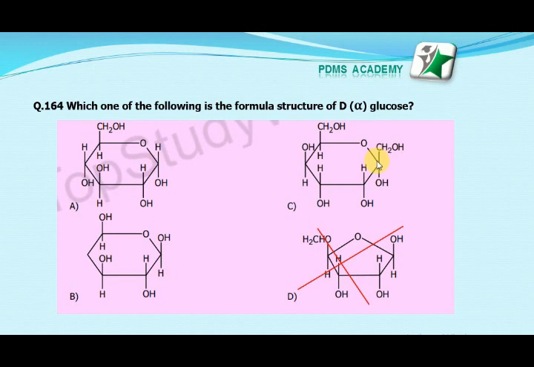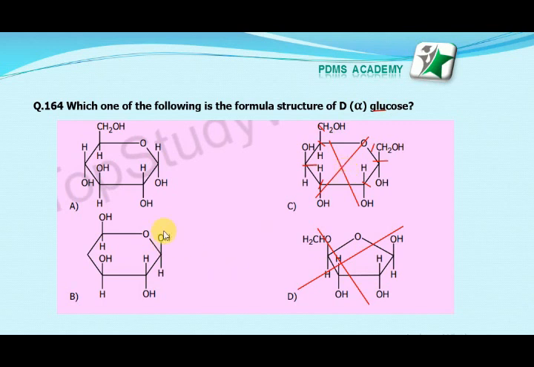Option C contains 7 carbons. Let's count: 1, 2, 3, 4, 5, 6, 7. So we reject this structure also because glucose contains 6 carbons.